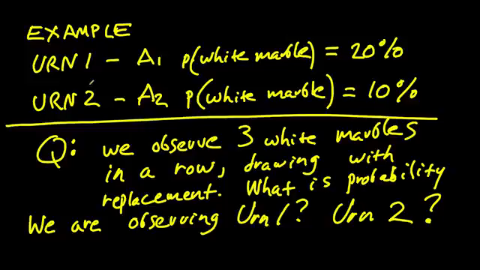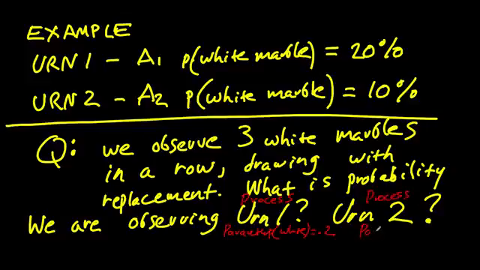These probabilities are the probabilities of the process urn 1, or the parameter probability of white equals 0.2.